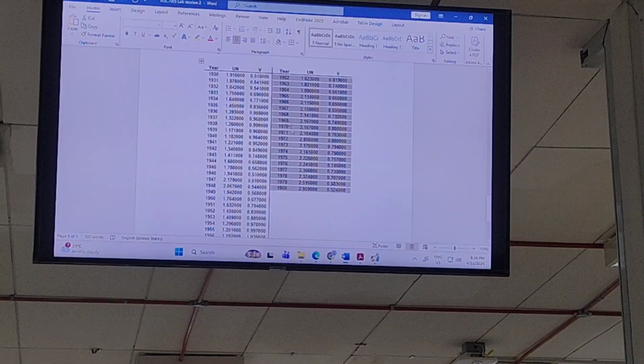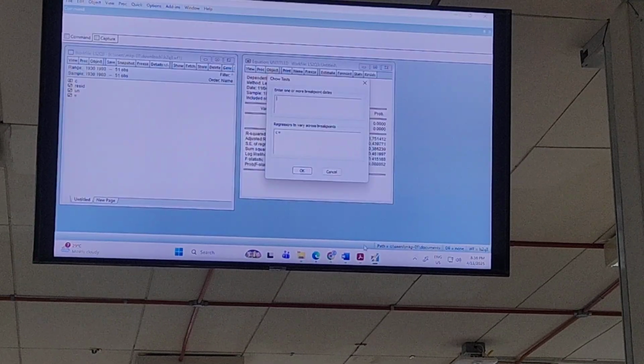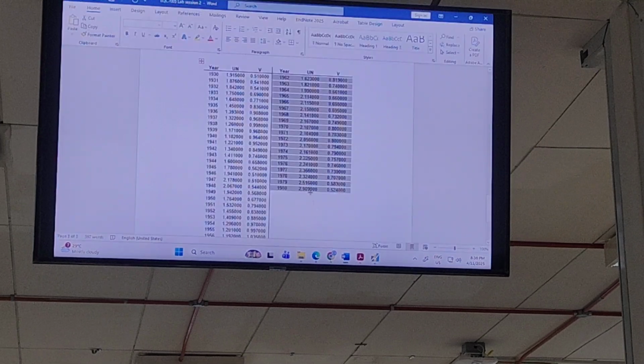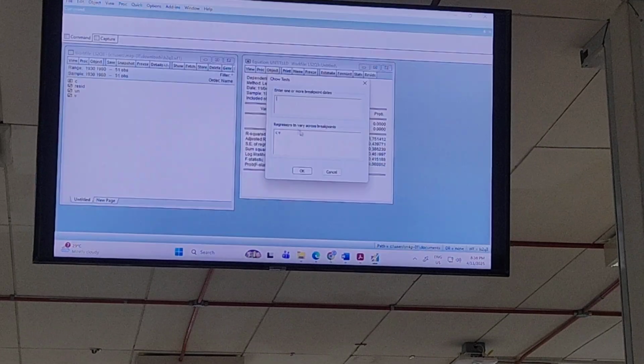So you need to put the date or the year. If you have annual data or monthly data, you have to put the first date of the second subsample. So the second one is 1962. You put 1962.